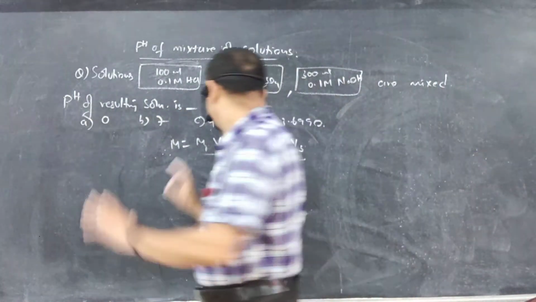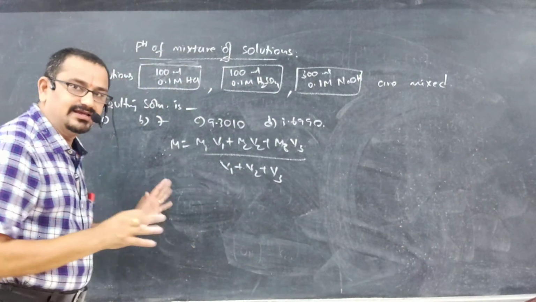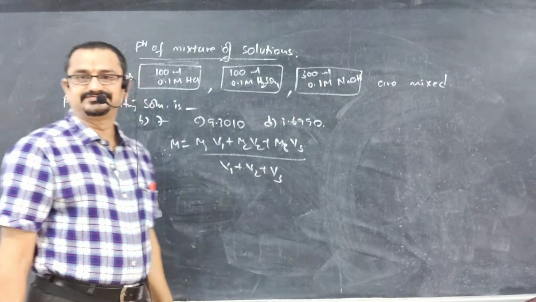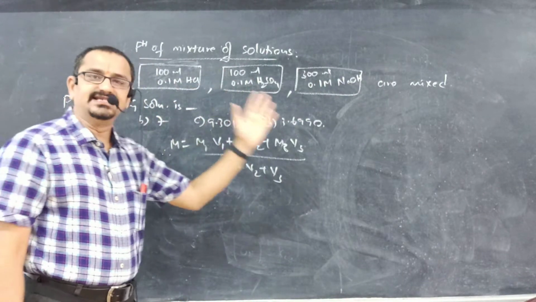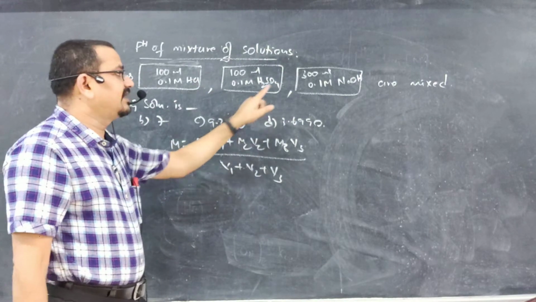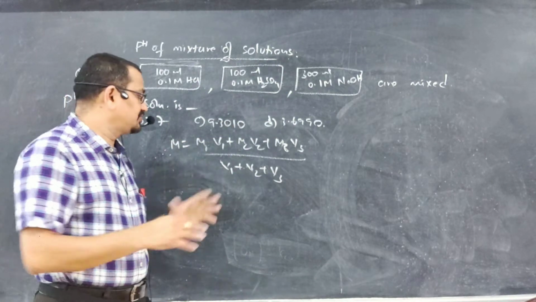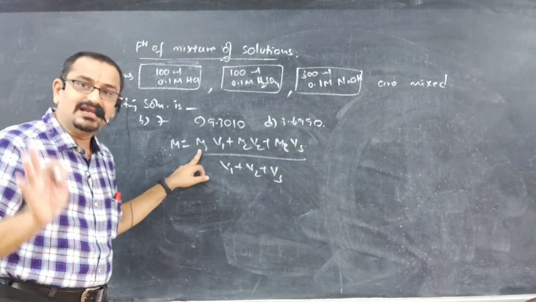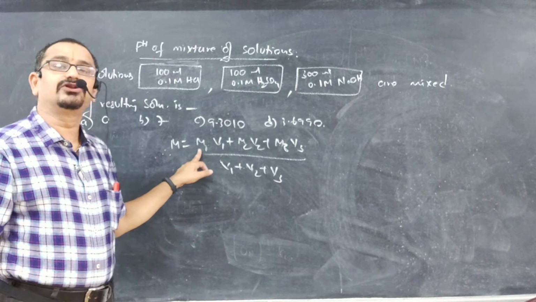See, this formula is valid only when they are all mono-basic acids or mono-acidic bases. But here it is a mixture of acids and bases, so we should not use a direct combination. Even this formula is properly valid only when you do that in terms of normality.